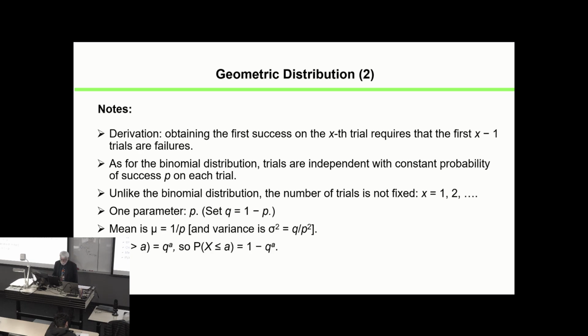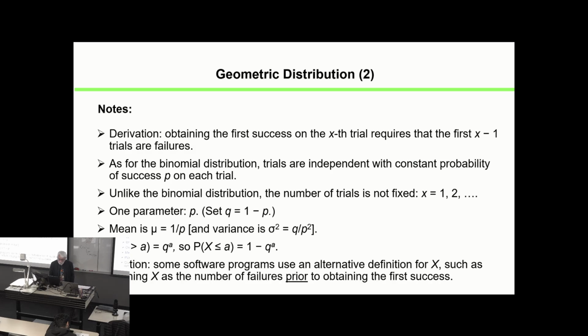I'm going to spend a little more time at the start of next class on this. I just want to mention that some software programs like R don't always define x as the trial getting the first success, but as the number of trials before you get your first success. So I'll expand on those a little bit next day.